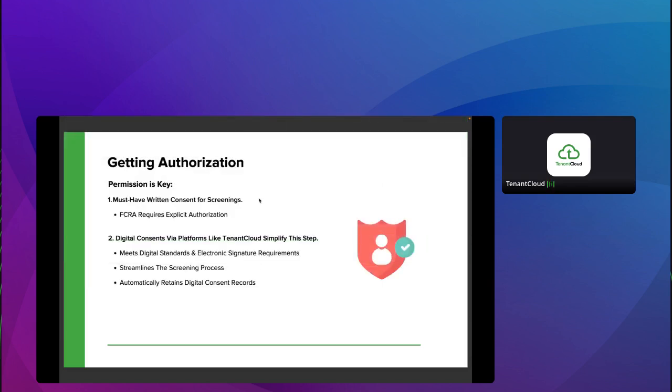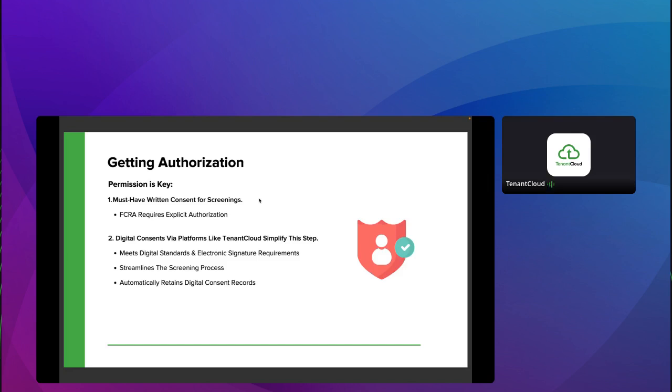Getting authorization to conduct a screening is, again, another incredibly important piece of this puzzle. You must have explicit authorization according to the FCRA, Fair Credit Reporting Act, and it must be written consent for screenings.